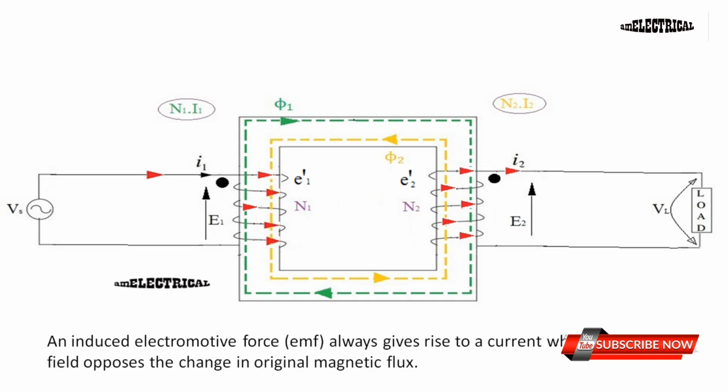So the resultant EMF is E1 minus E1', which is less than E1. So the difference between the supply voltage Vs and EMF is increasing. As the potential difference is increasing on the primary side, the current I1 will also increase.